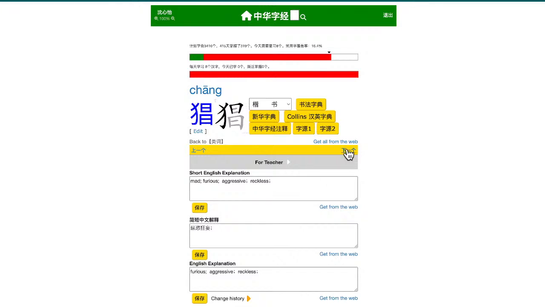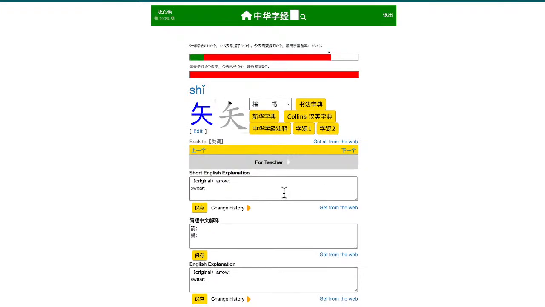So this goes with the dog radical combined together, which means a grand, big, huge, furious beast, and it is angry. That kind of state. So this is very scary and very dangerous. Okay, so this is 猖.